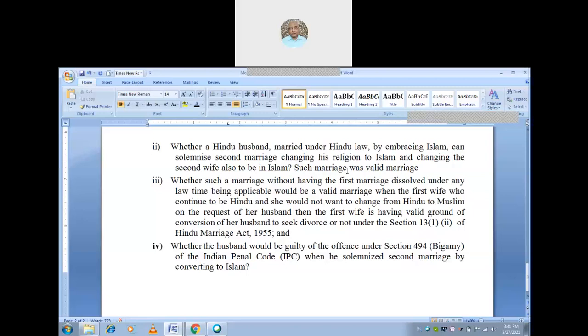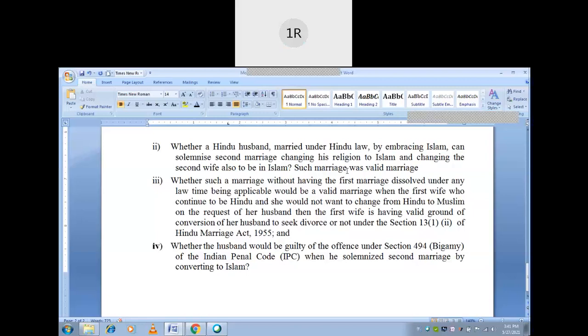Number two, when the first wife is alive, he cannot go for a second marriage or ceremony of marriage. We can say both, because when the first wife is alive, a second marriage is generally void. Are you following me?